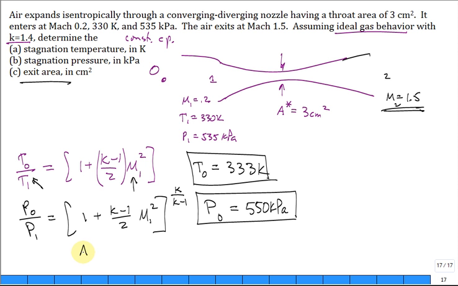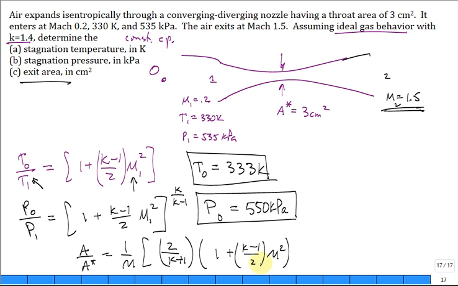Area divided by the throat area, or the critical area, equals 1 over the Mach number, times 2 over K plus 1, hey, we're not done with that equation yet, times 1 plus K minus 1 over 2 times the Mach number squared. Almost done. All of that raised to the K plus 1 power. Almost done. Don't stop yet. Divided by 2 times K minus 1.